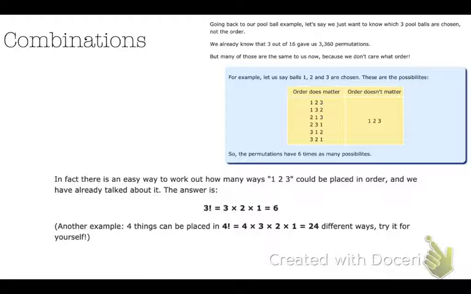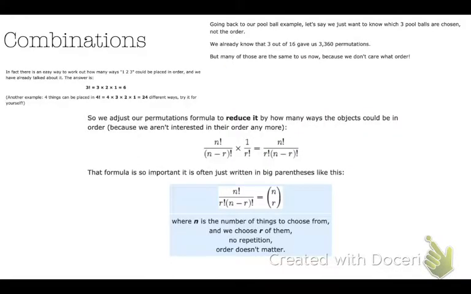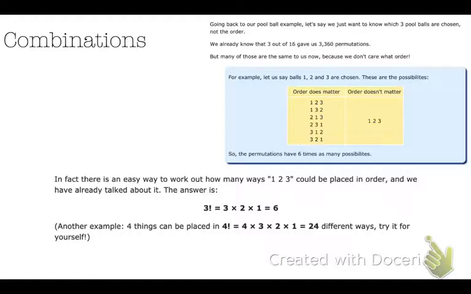So there's an easy way to work this out. 1, 2, 3 could be placed in order, and we've already talked about this, but that would be 3 times 2 times 1. And 4 could be 4 times 3 times 2 times 1.